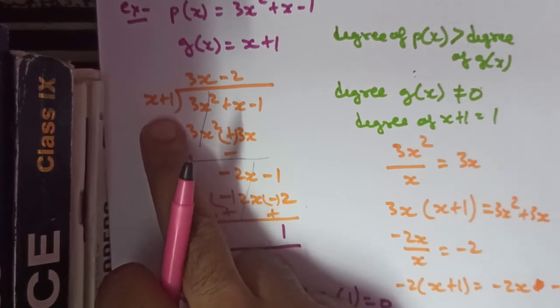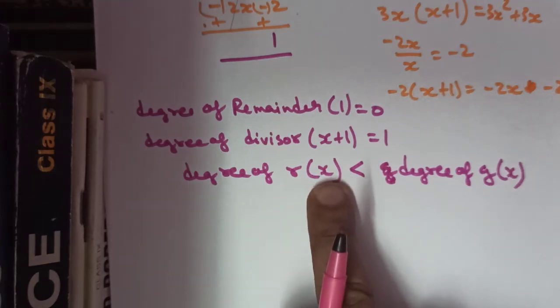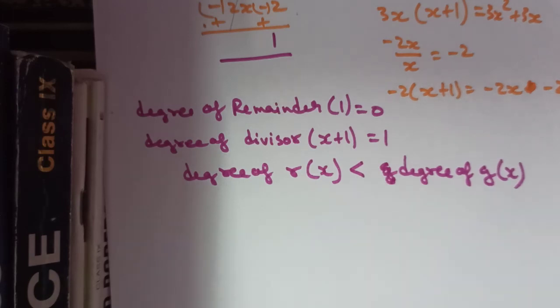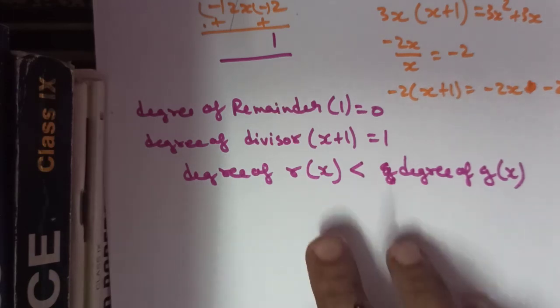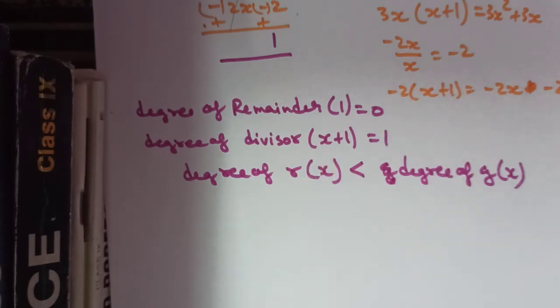Here it is 1. Third, the degree of the remainder will be either 0 or less than the degree of the divisor polynomial. Here the degree of the remainder is 0, which is also less than the degree of the divisor polynomial.